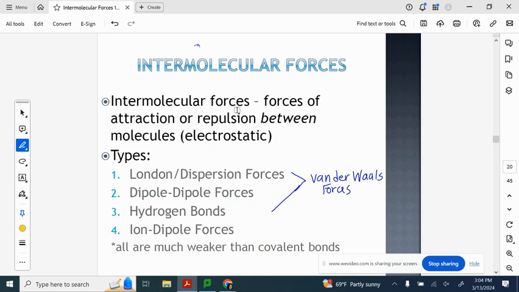Intermolecular forces of attraction are going to be between the molecules, which we've already said, and these are the 4 types.